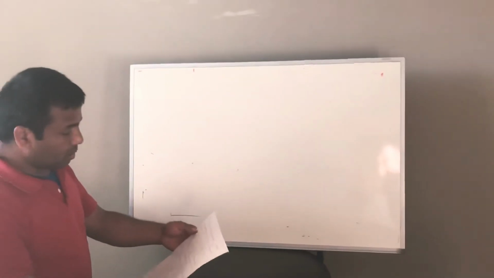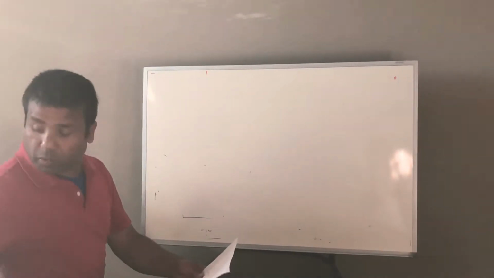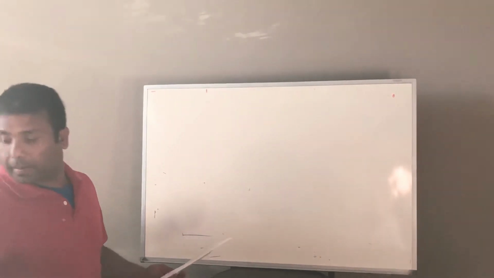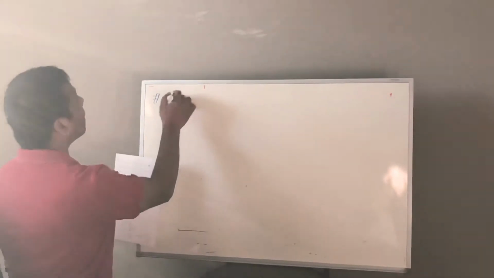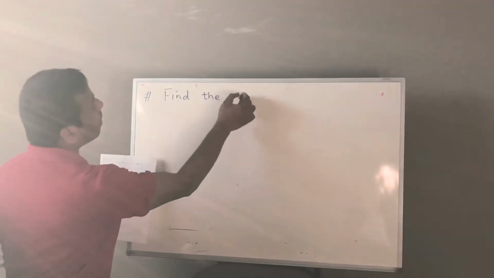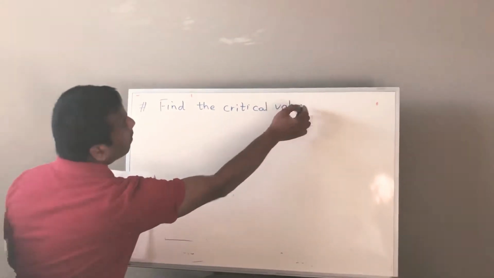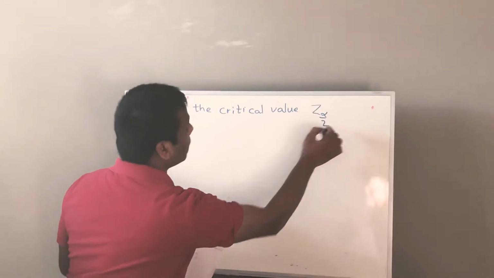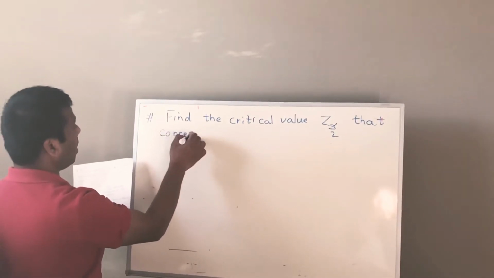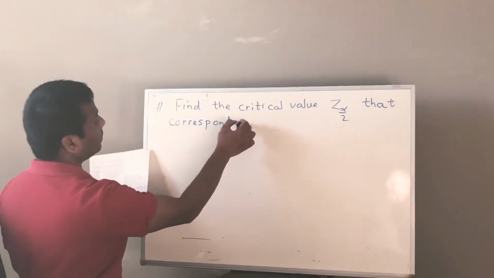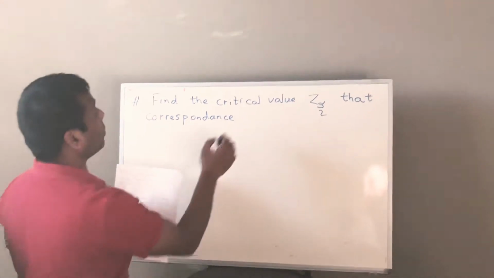So the next problem is: find the critical value z alpha over 2 that corresponds to the confidence level 92%.